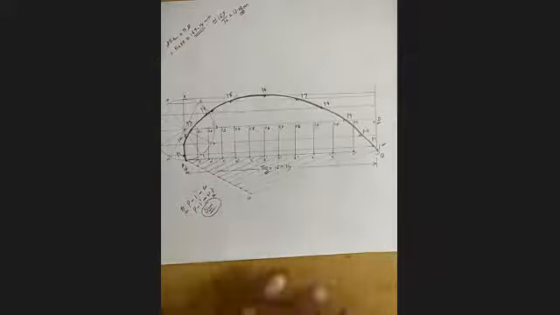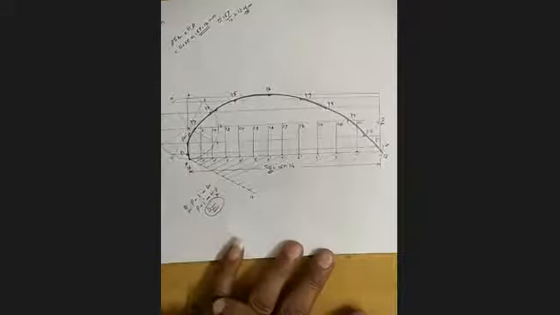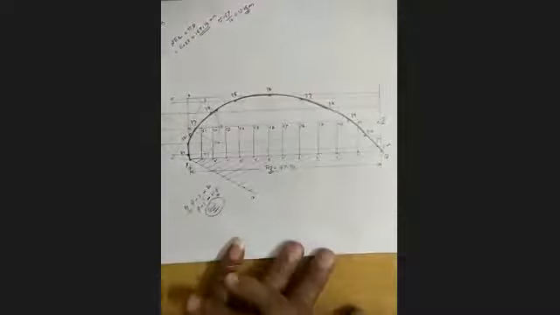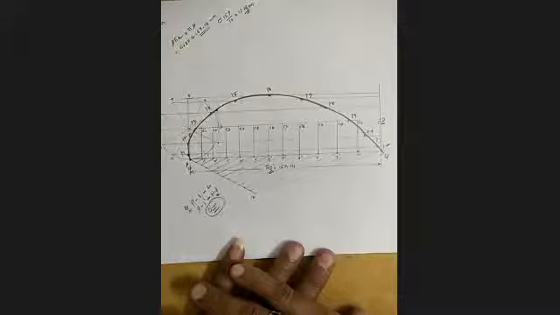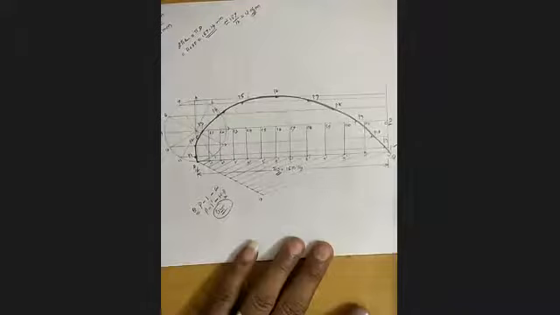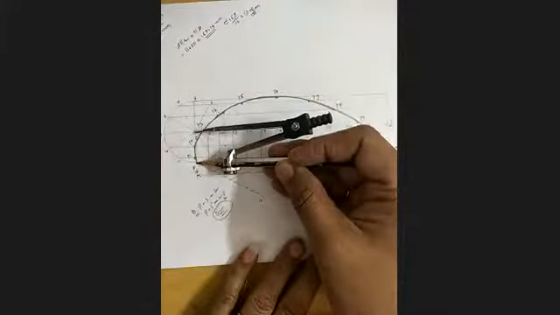Sir, please show once how to draw that curve with the compass. There is no compass here, this is a freehand sketch. No, sir, that P with CP as the distance, you took some. You see, I will take this CP as a radius.